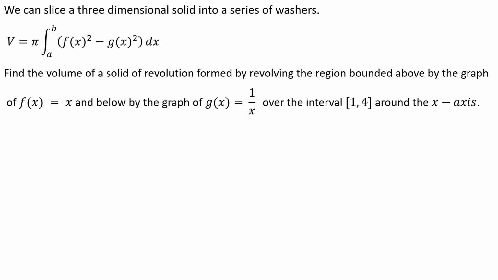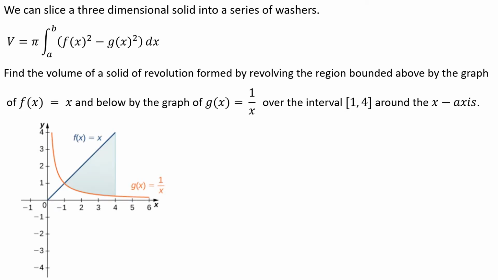So the upper boundary is function f, the lower boundary is function g, right? And so for the region we're talking about from 1 to 4, f of x is the upper function, so that's going to be the larger radius. G of x is the lower function, so that'll be the smaller radius.